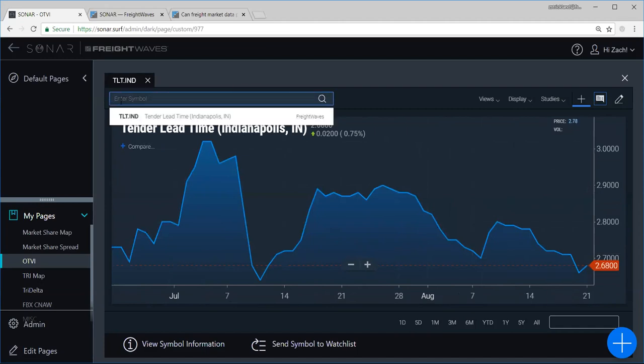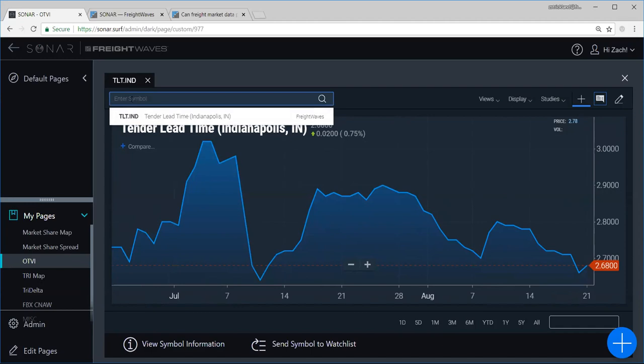Again, I think that's indicative of what we'll call the process. When you see increased volume, talking about Indianapolis in particular here, immediately that doesn't mean that your tender rejections are going to go up. First, you're going to have capacity in the region soak up that volume.